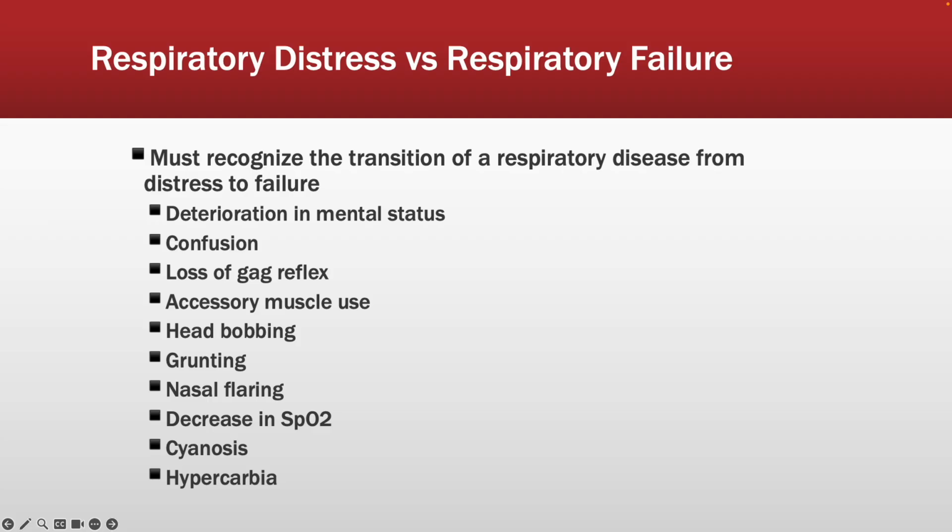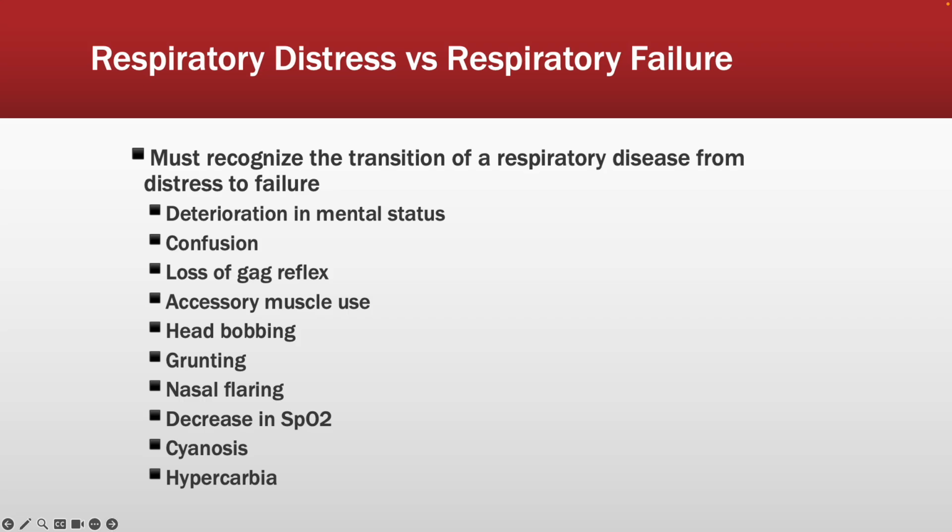You'll see excessive accessory muscle use, head bobbing, grunting, nasal flaring, decrease in SpO2, cyanosis, hypercarbia. All right, so when you start seeing these signs and symptoms, we're no longer in distress. They have gone into failure. They are often no longer able to maintain their own airway. Their respiratory drive is failing. So we always have to intervene at this point.